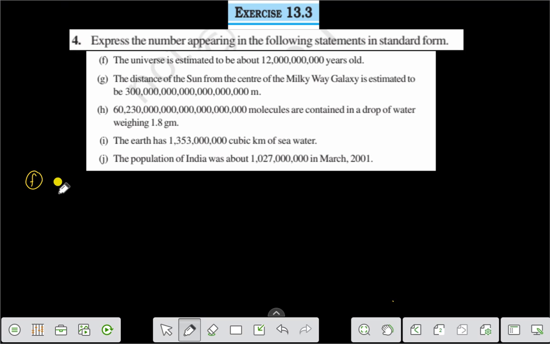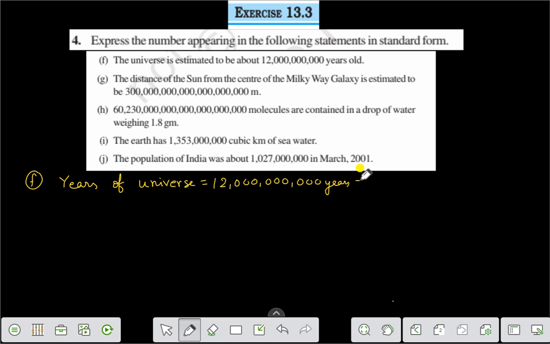Then years of universe is equal to 1 2 000000000 years.